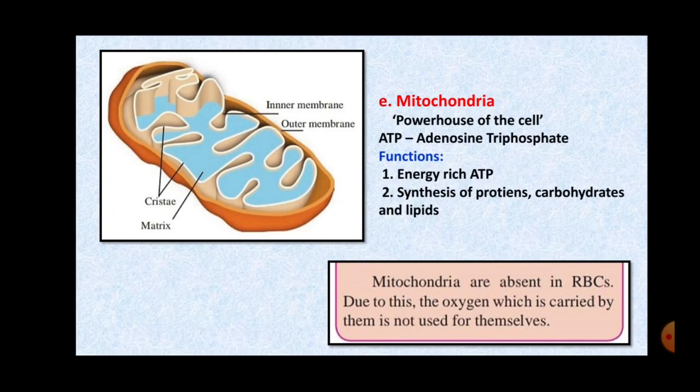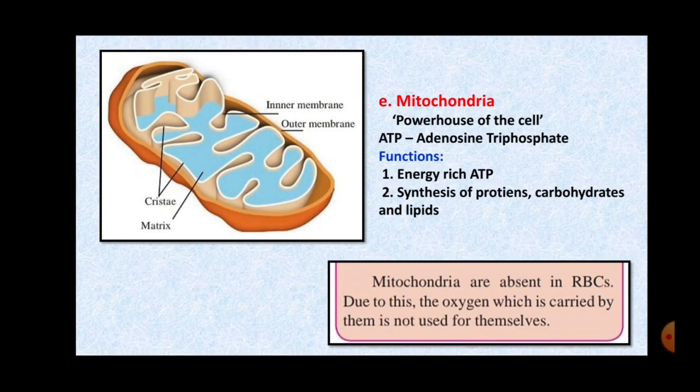In plant cells, the mitochondria are less. Any guesses? Why? Why animals need more energy? They have more mitochondria, more amount of energy produced, more amount of ATP produced. Yes, very, very important difference between the plants and animals.